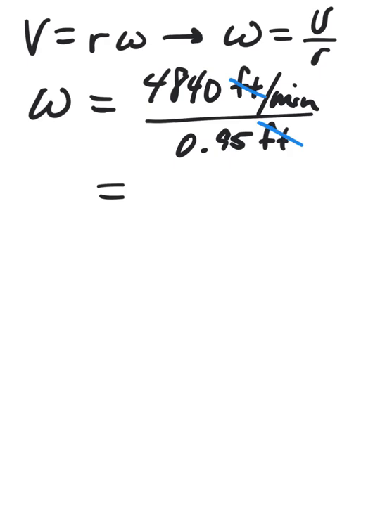equals 4,840 divided by 0.95, then you get 5,094.737 radians per minute.